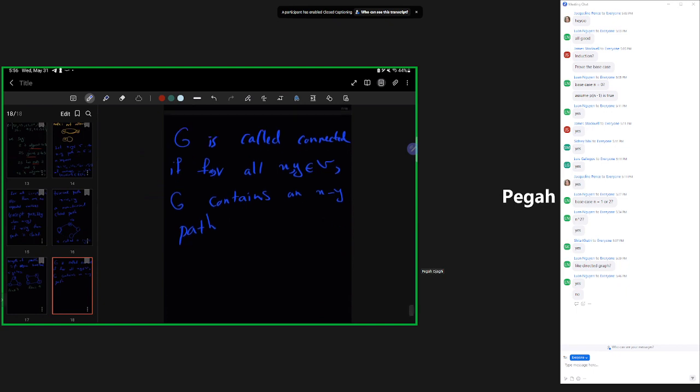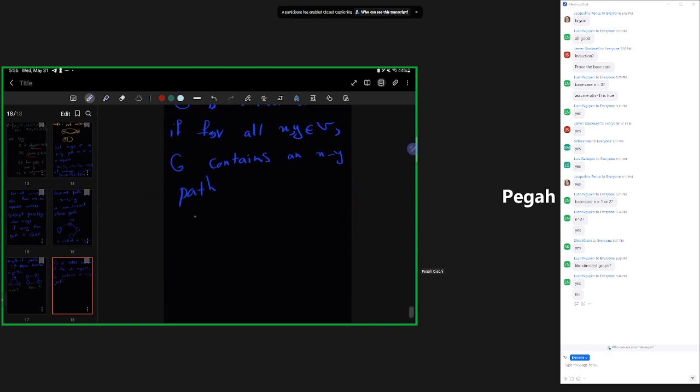So, for example, with this definition, let's see. If this is 2 and this is 5 and this is 6, this is not connected because, for example, from 1 to 6, you don't see any edges. So this is not connected, or this one.